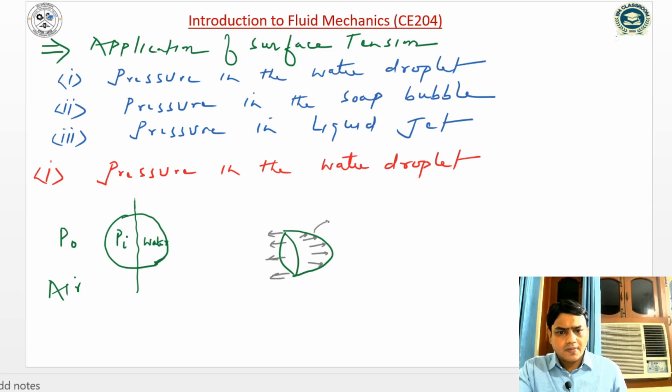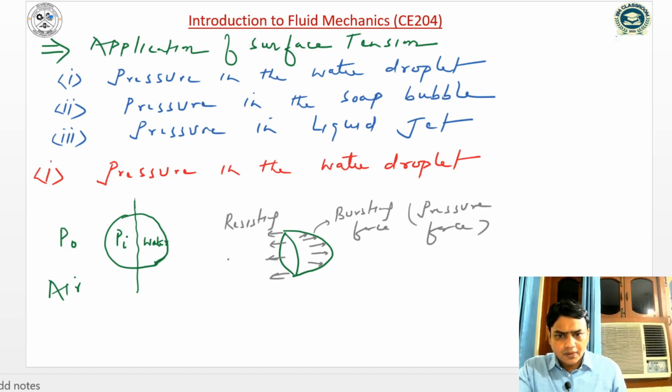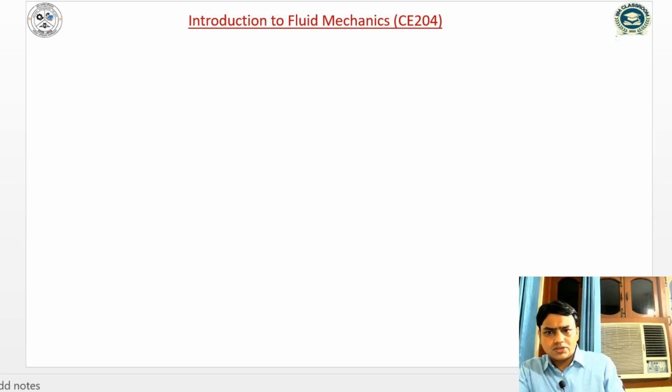This is the bursting force, also called the pressure force, and here the resisting force, or surface tension force, will act. To maintain equilibrium, the bursting force will be equal to the resisting force. So what will be the bursting force?